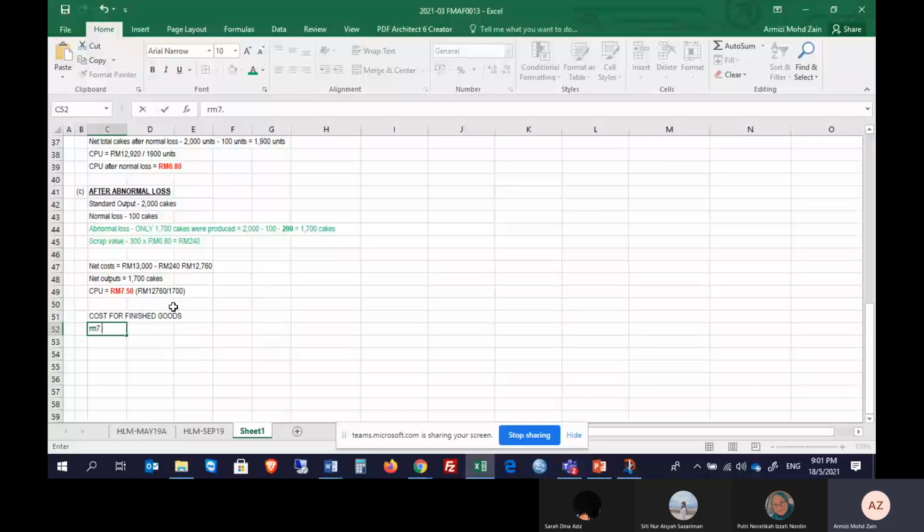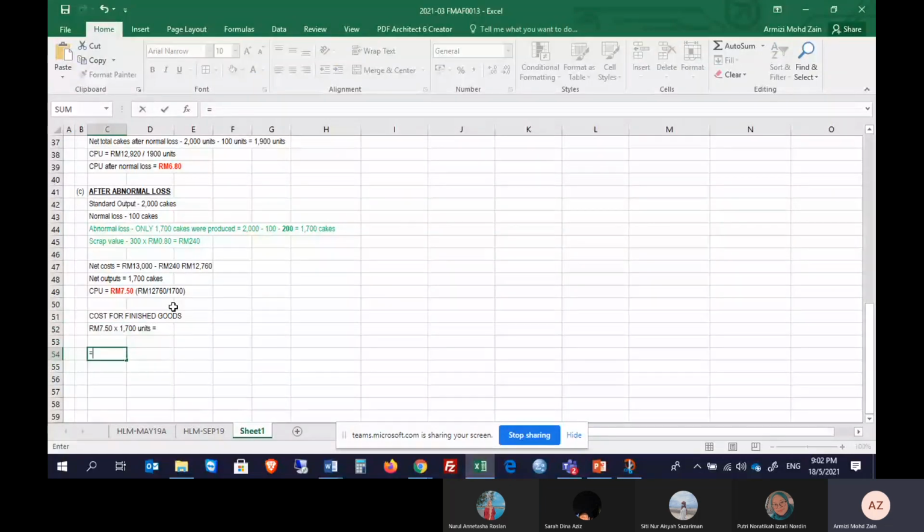RM7.50 ditambah dengan 1,700 units. Ini dapat equal to 7.5 ditambah dengan 1,700, 1,752 RM 12,750.